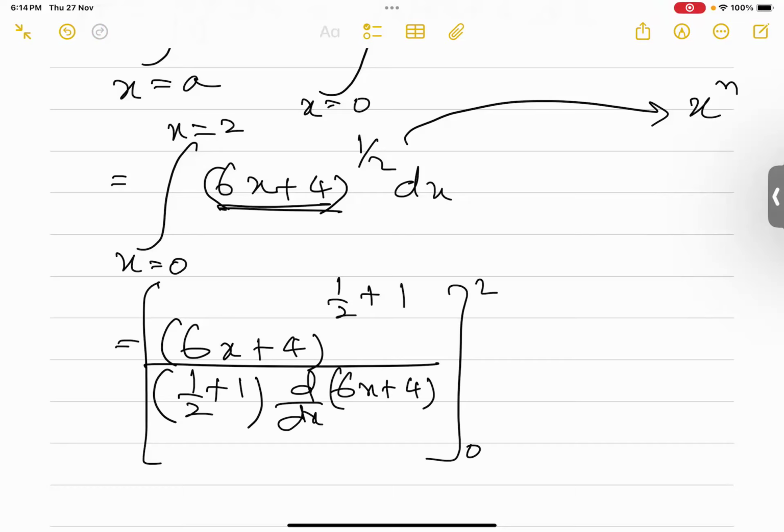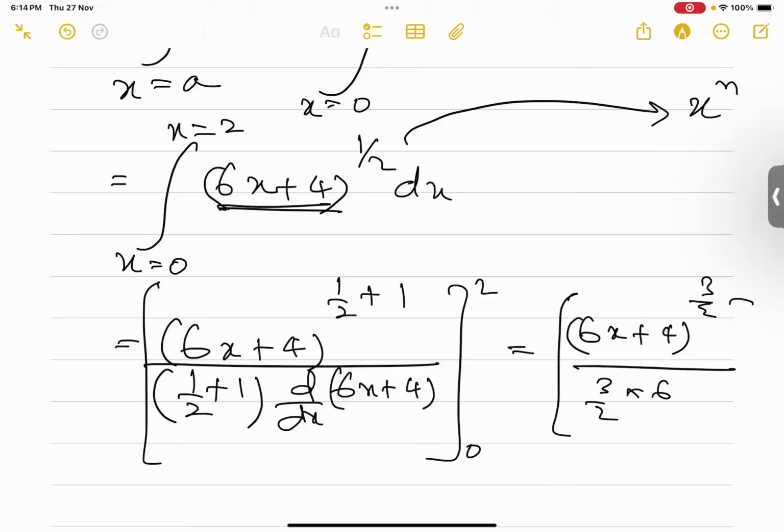So 6x plus 4 raised to 3 by 2. Chain rule down.